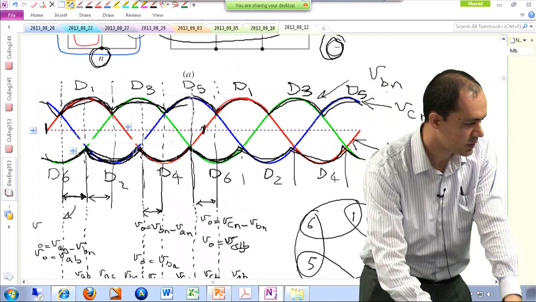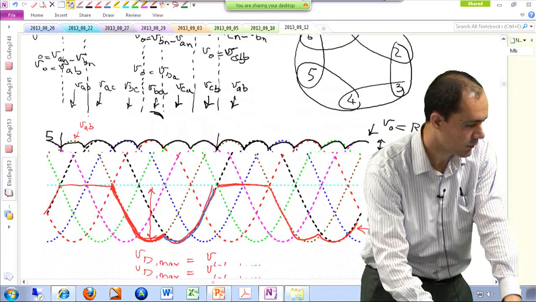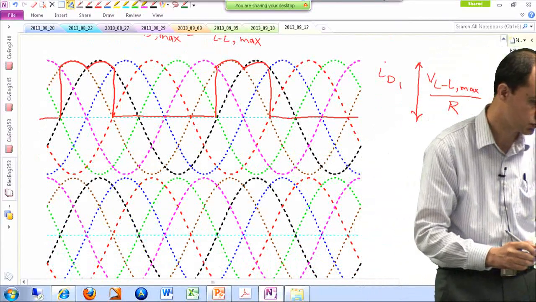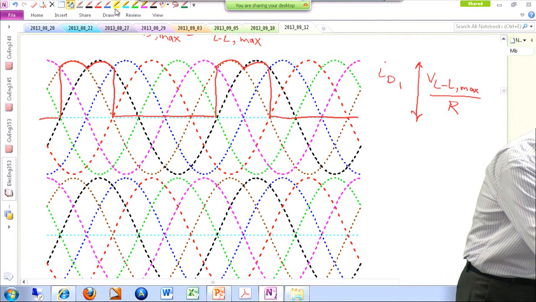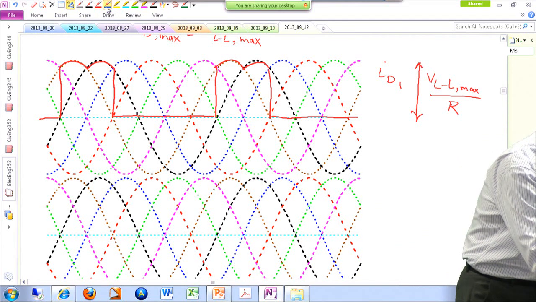Okay, D4 is conducting here and also here. So I have to consider that. And whenever this diode is on, it is following the current of the load. So let me just plot it with a different color on the same curve. This is going to be like this.